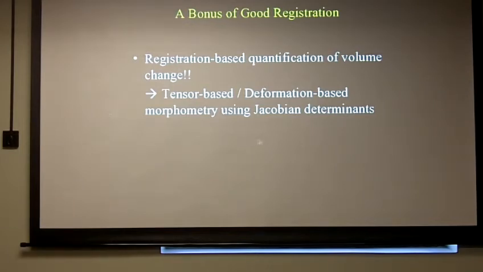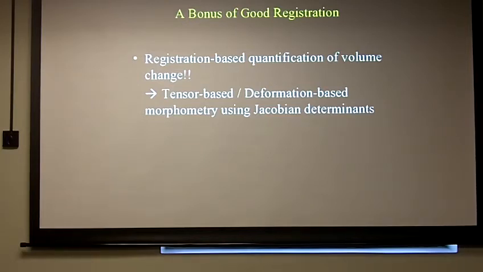This technique is called tensor-based morphometry or deformation-based morphometry, and more people use the name deformation-based morphometry because tensor means nothing. It just means an array of numbers, but what does that mean?